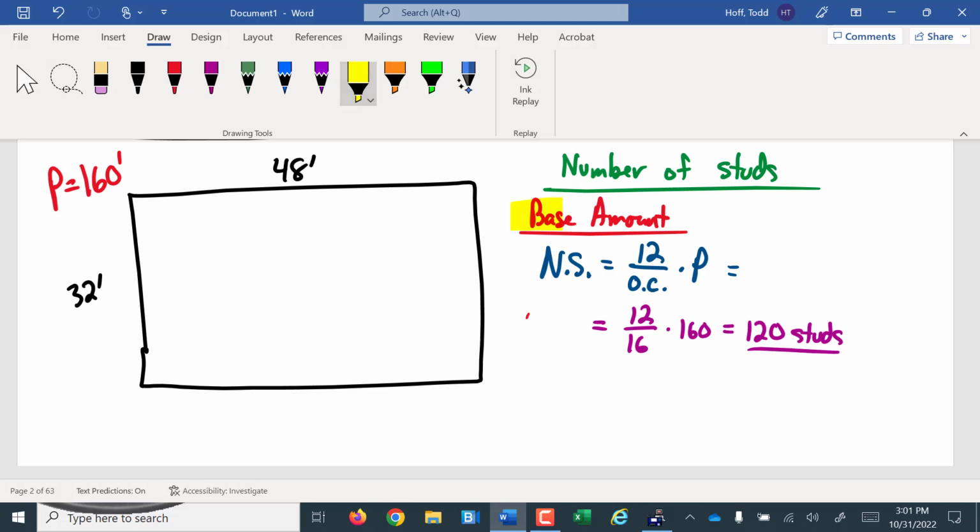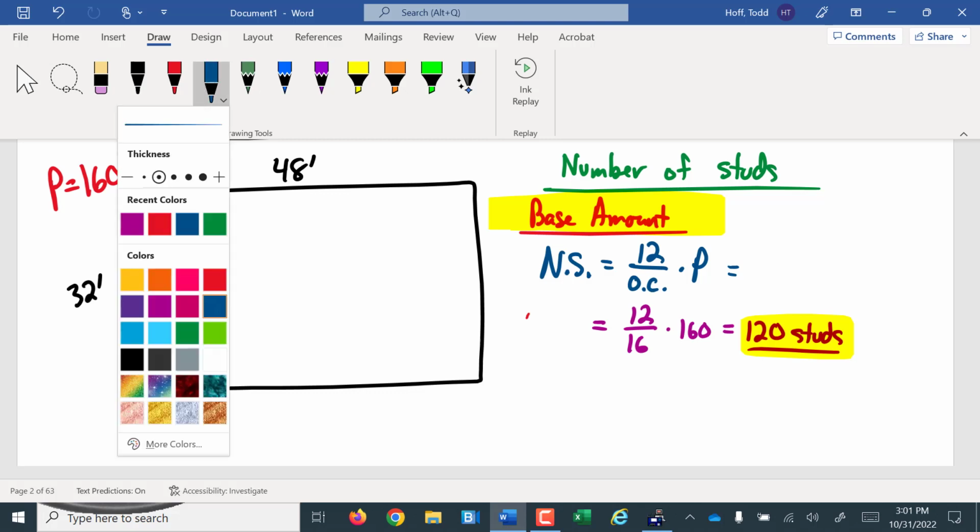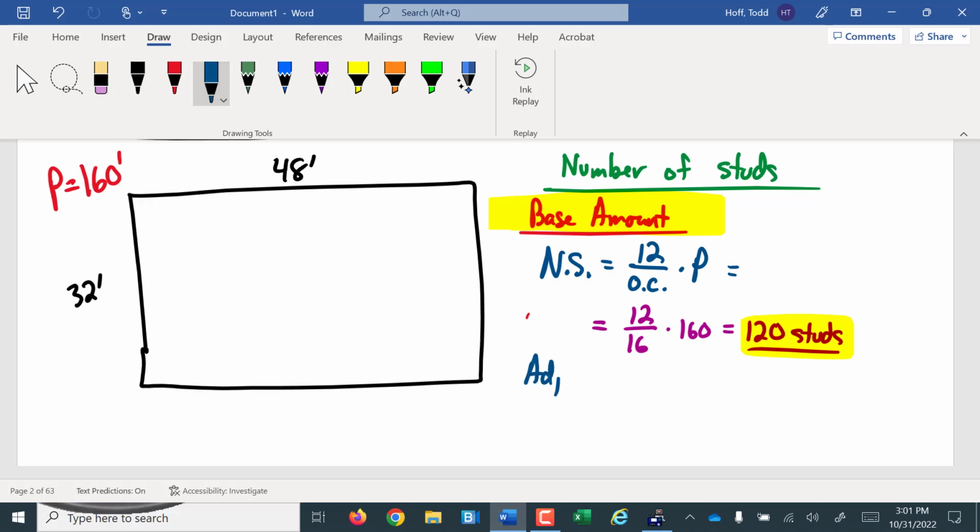Now remember, that is the base amount of studs. Then, on top of that, there is an adjustment. Now, the adjustment only increases the number of studs. You don't get less unless you have like huge windows and stuff. We're not going to calculate anything for that.